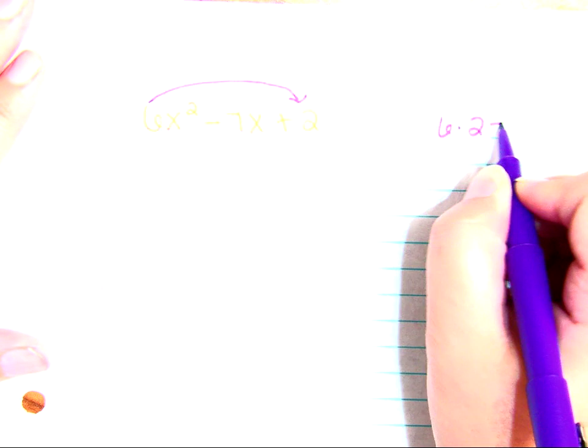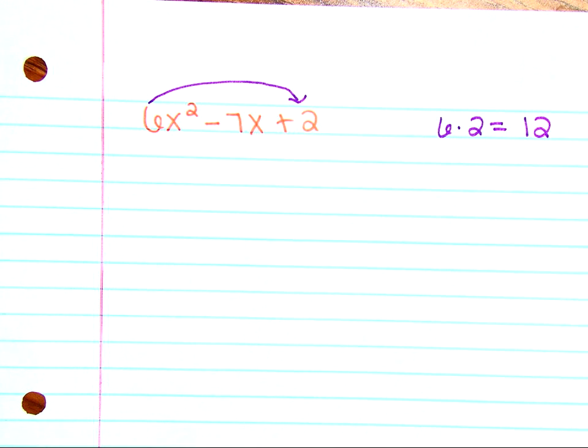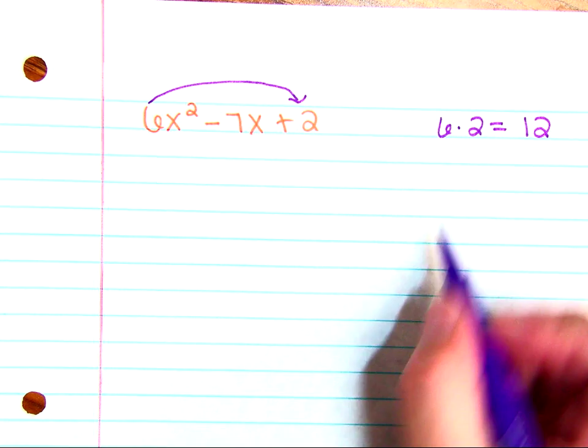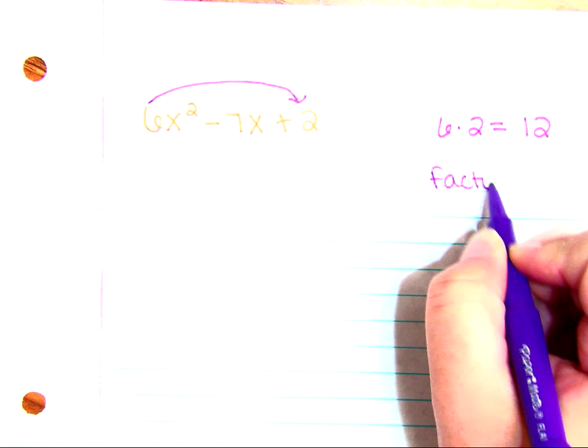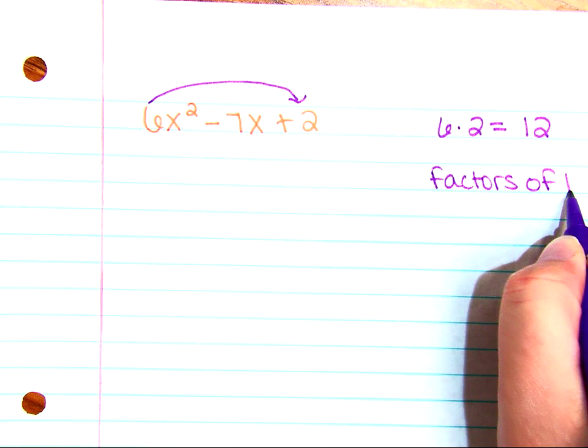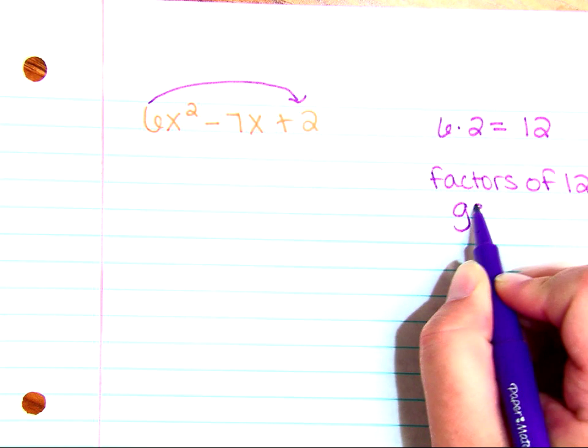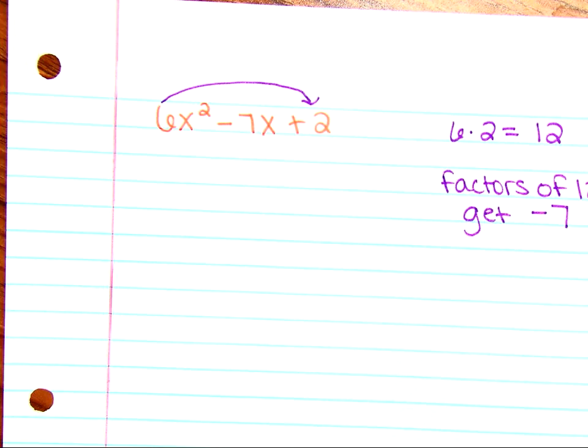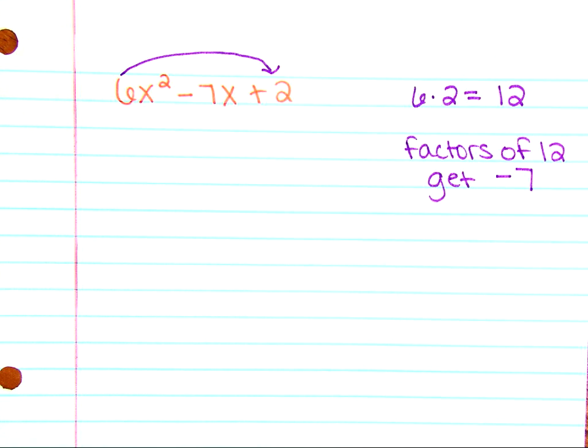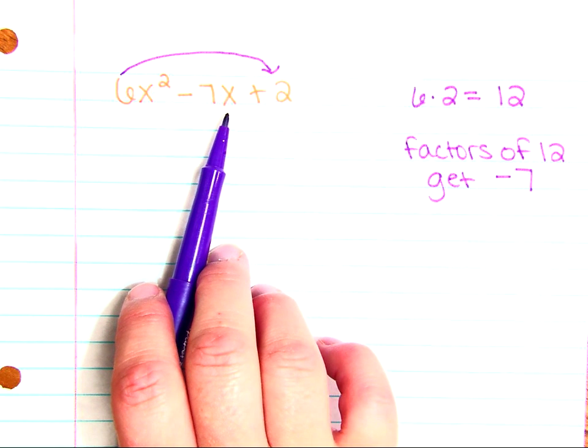I do that by multiplying the first and the last number, which is 12. Now, I need factors of 12 that get a negative 7 when they are added together, because that's what I'm trying to break apart.